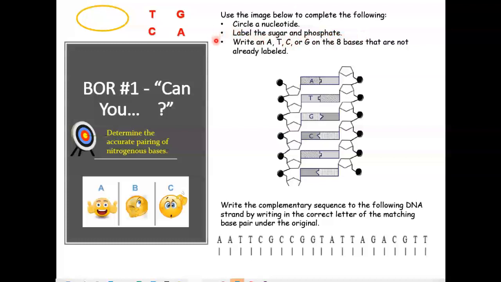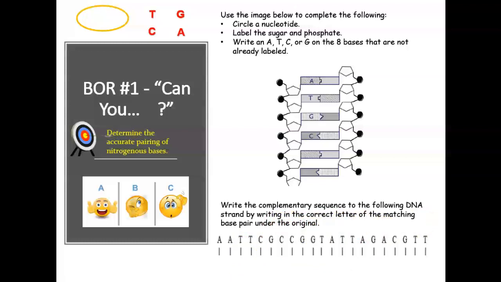And then we're going to make sure you can pair up those nitrogen bases, A, T, C, G, or adenine, thymine, cytosine, and guanine, on the 8 bases. I'll be happy if we can just put the first 4 in. And then after that, we're going to fill in this complementary sequence, which would be the end result of replication of DNA, to make a whole sequence.